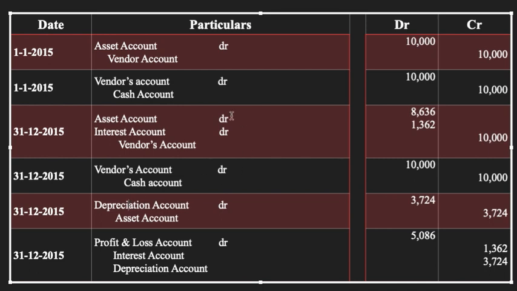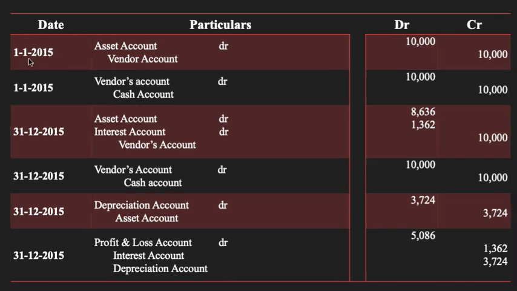Wherever we see any transaction which had a debit effect, it is going to have a credit effect in the ledger account, and if any transaction had a credit effect, it is going to have a debit effect in the ledger account. So let us start with the first ledger account, that is the asset account.